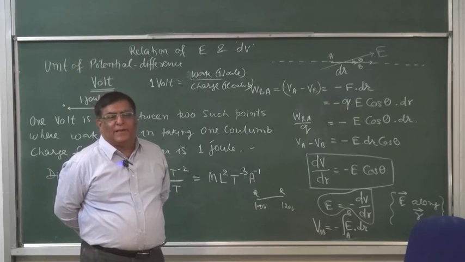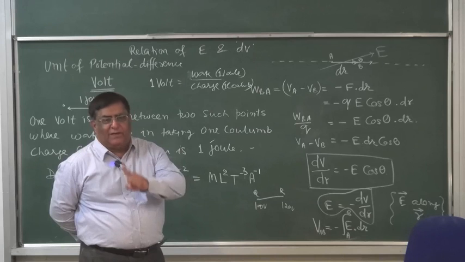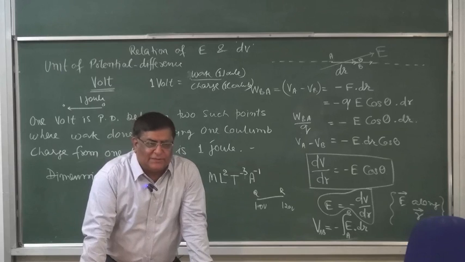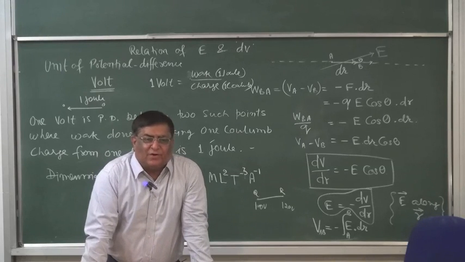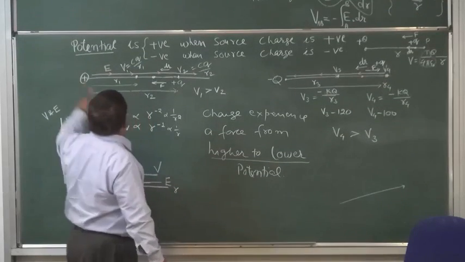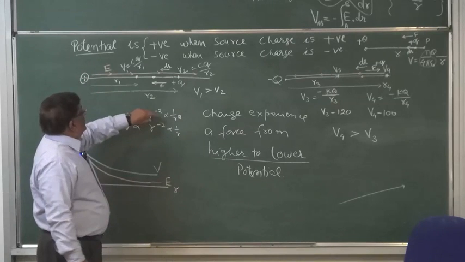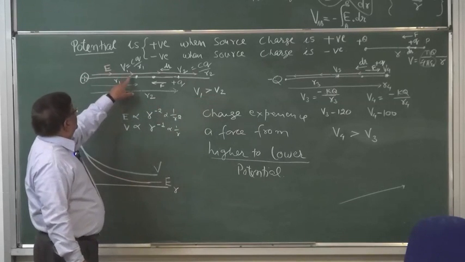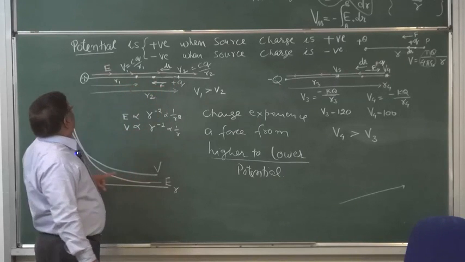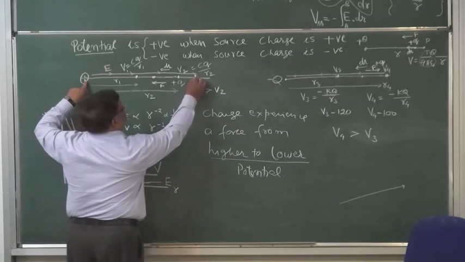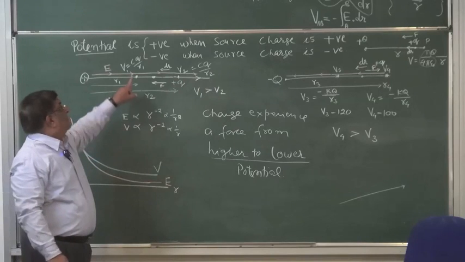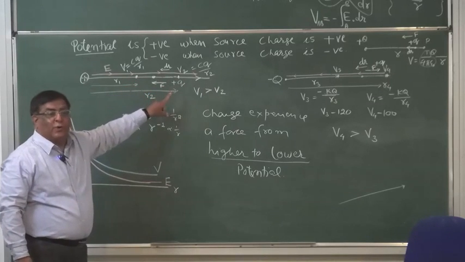I will explain it by two methods, mathematically and logically. Logically, along the electric field, you have learnt what happens to potential. Does it increase or decrease? Here V1 is larger than V2. Large, small. What is the direction of electric field due to this plus? This is the direction of electric field. So the direction of electric field is always from higher potential to lower.